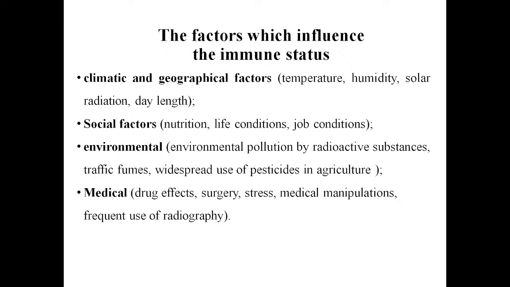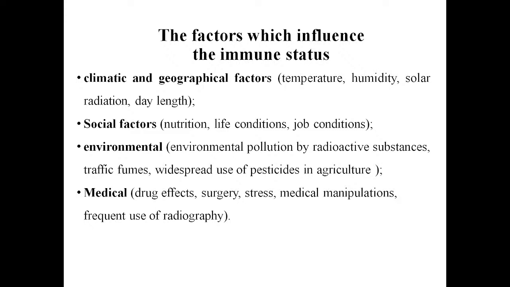Environmental factors also influence immune status, immune system. These are, for example, environmental pollution by radioactive substances. We know that radioactive elements inhibit immune system and cause cancer very often. Traffic fumes, widespread use of pesticides in agriculture. They all inhibit immune system.